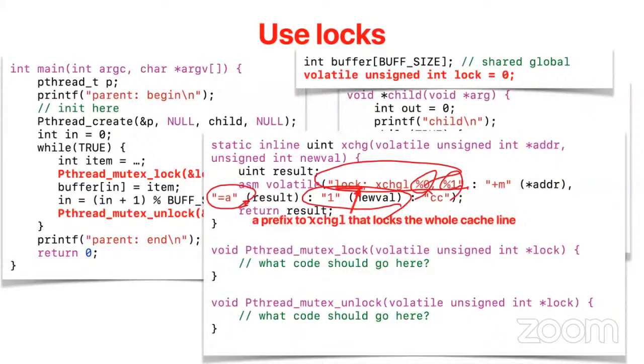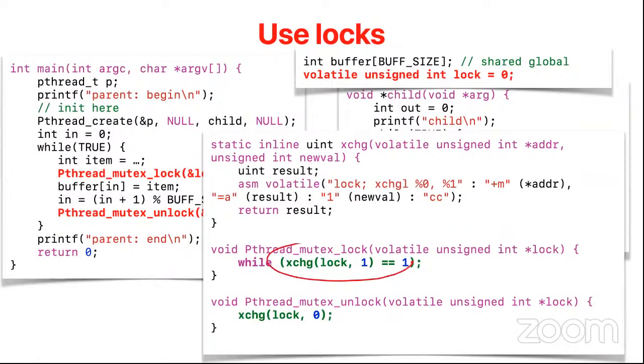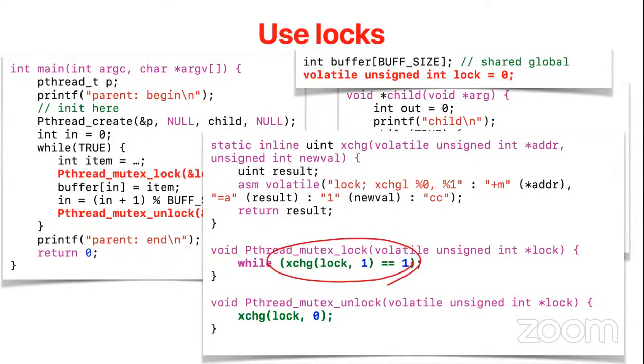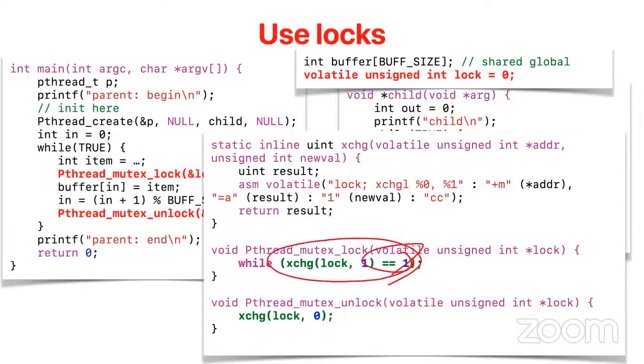So here's the implementation. If I successfully change the lock, then I can enter the critical section. Otherwise, I won't. I'm still in a situation where I saw the value is not changed, so I will stay in the lock. So here's the key thing: if you really want your spin lock to be implemented correctly, you have to use atomic instructions.